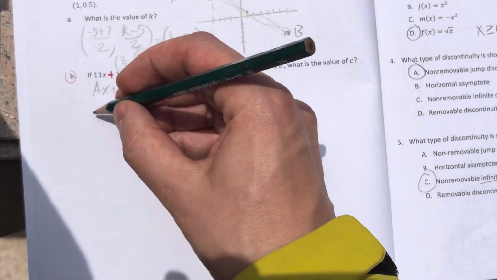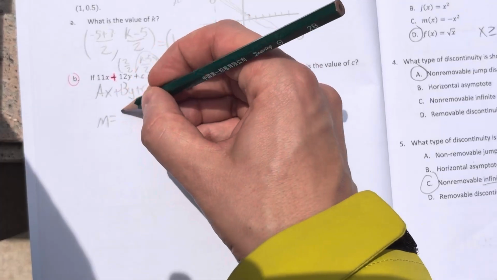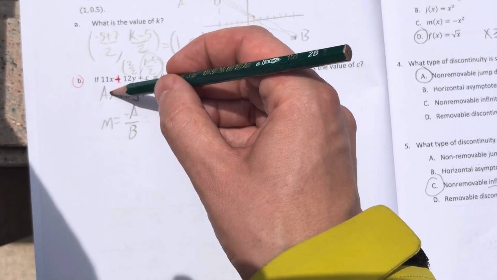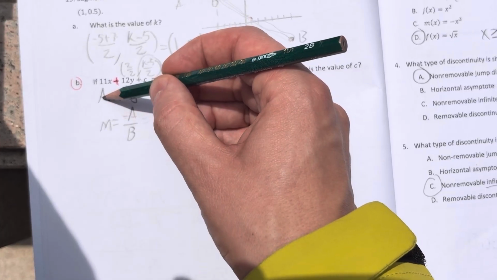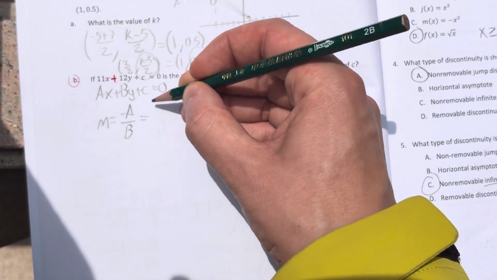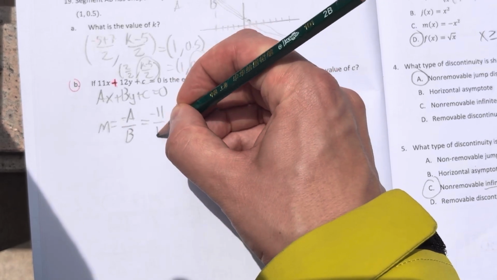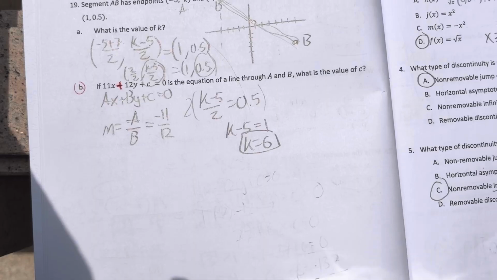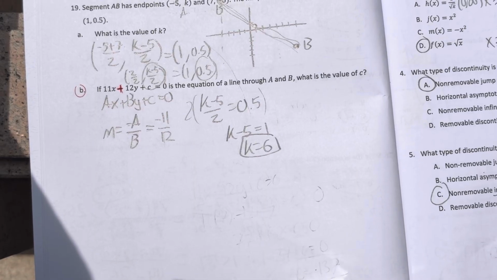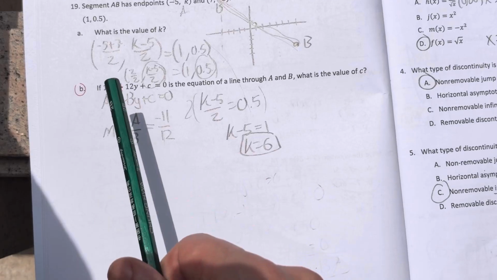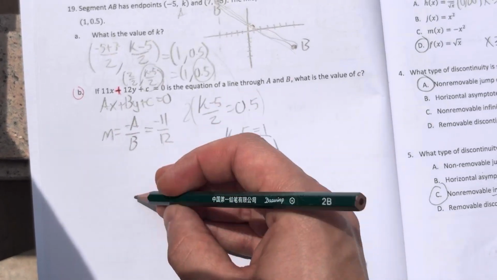As I mentioned earlier, in general form, the slope is -a over b. So the negative of this coefficient over this coefficient. In this case, it would be -11 over 12. And we found previously that we go through 7, -5.